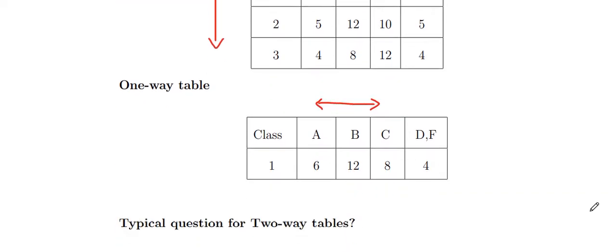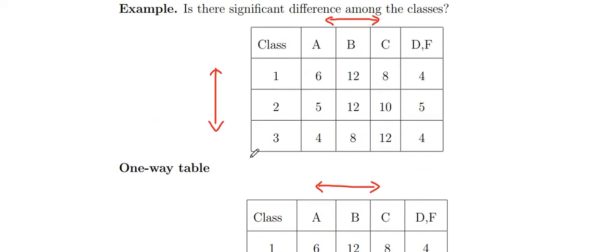For the typical questions for a two-way table, we check whether changing this direction makes a difference, or changing this way makes a difference. For this example, maybe we are interested in this direction, right? Do different classes have different distributions for their grades?